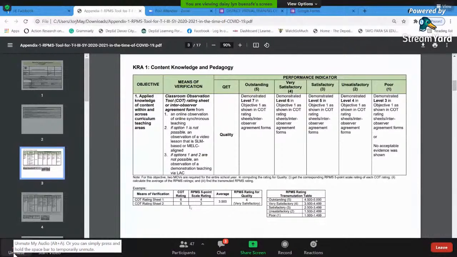For example, if your rating in objective 1 is 6, meaning your rating on the 5-point scale is 4. If you get a 5, it is only 3 on the 5-point scale. The school head will see 2 on the scale.